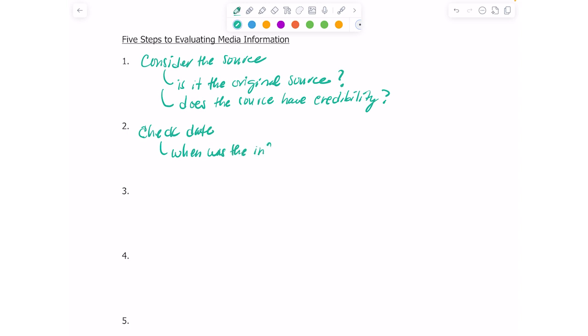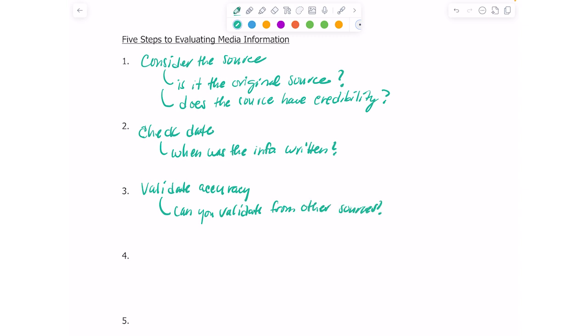The third thing you want to do is validate for accuracy. Okay, so can you validate from other sources? I always like to check at least 5 sources. You want to watch for any hidden agendas.